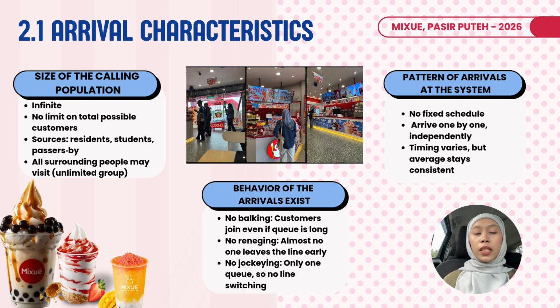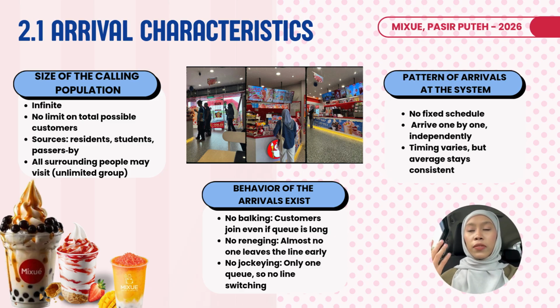Next, I will present the arrival characteristics we observed at Mixue Pasir Puteh, which we have divided into 3 main parts: calling population, arrival pattern, and arrival behavior. So the first one is calling population. The calling population is considered infinite. This means there is no fixed or maximum limit to how many customers may come to this branch.